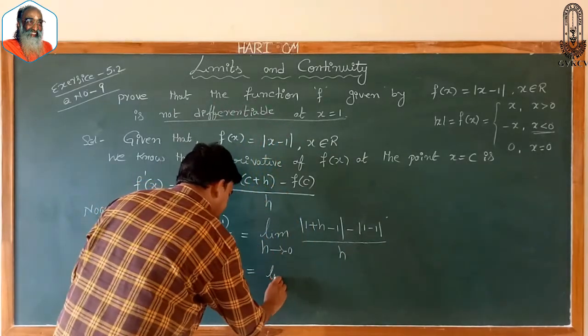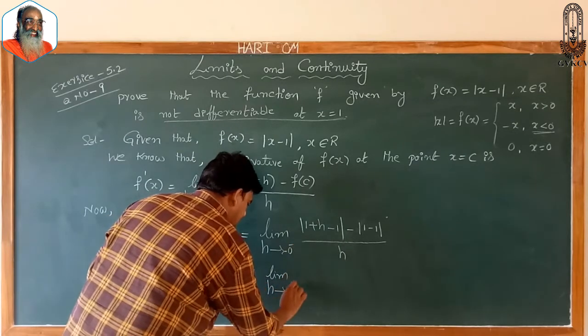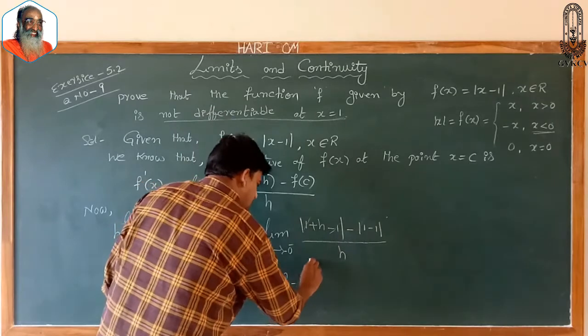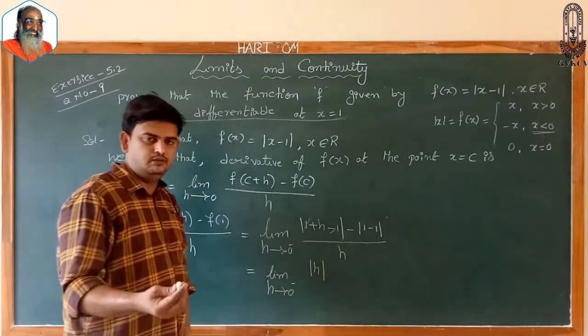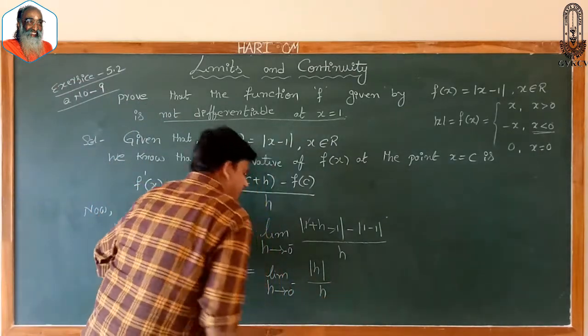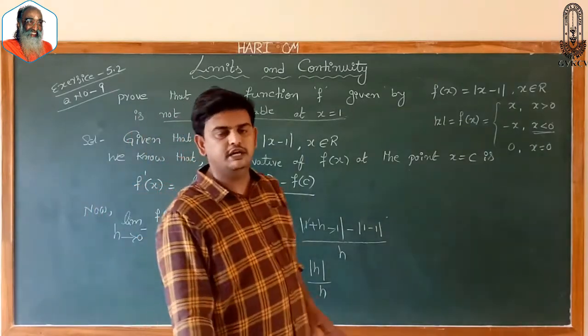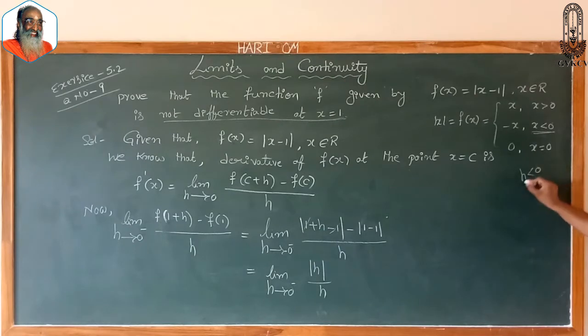That implies limit h tends to 0 minus, here plus 1 and minus 1 can be cancelled. We have modulus of h, and 1 minus 1 is 0, modulus of 0 is 0, by h. And here h tends to 0 minus, which means h is less than 0.